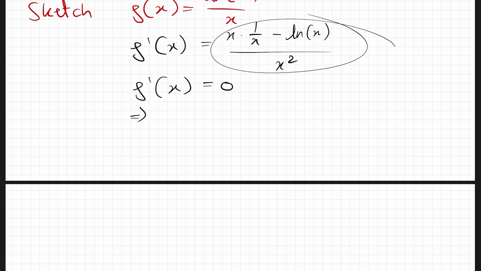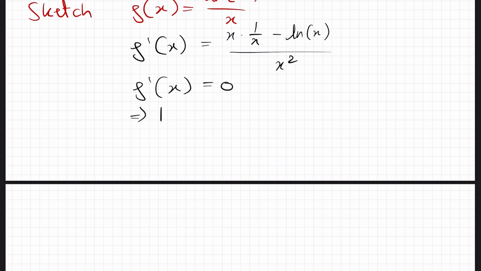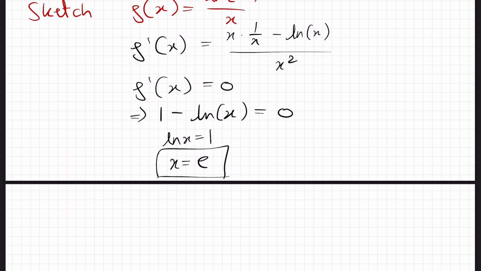Simplifying a little bit and multiplying both sides by x squared to get rid of that, we get 1 minus ln x equals 0, or ln x equals 1, so x must be equal to e. So this gives the coordinates of our stationary point.